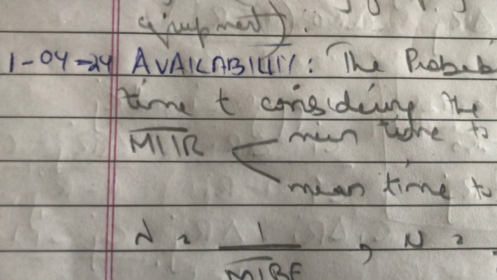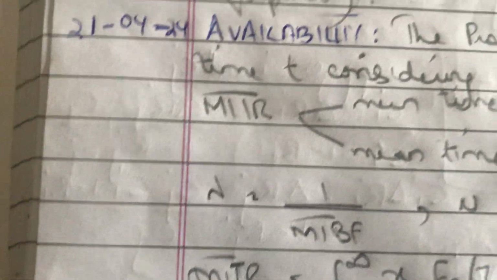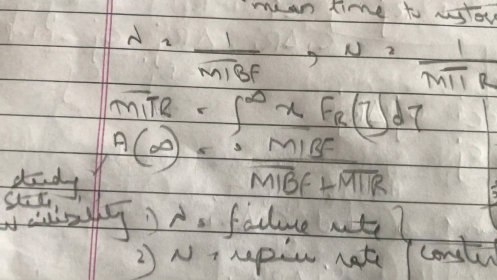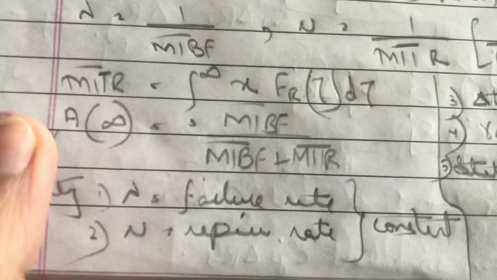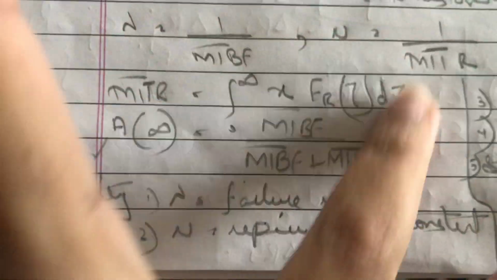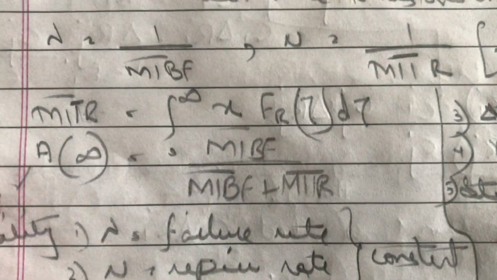Now we have a method, or you can say a complete chain, to solve this A infinity, like how we can describe it.